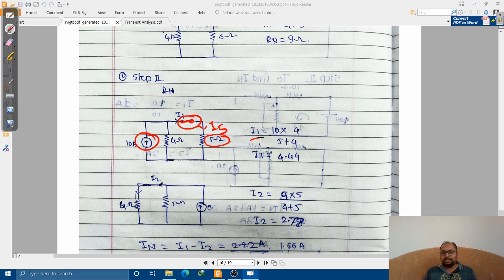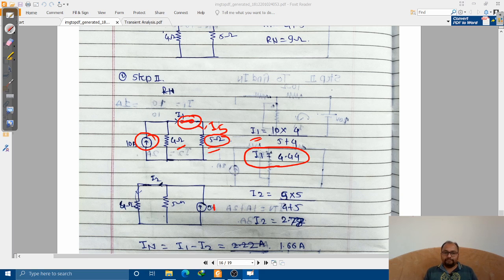Using the current division rule, I equals 10 into opposite branch resistor divided by 4 plus 5. 10 into 4 is 40, 40 divided by 9 is 4.44. So out of 10 ampere, 4.44 ampere is going to flow through this shorted line.